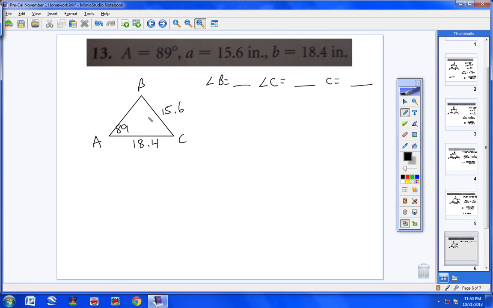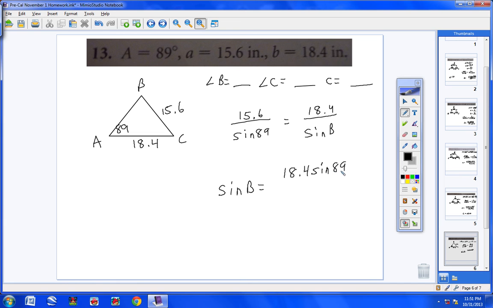Now we start with a pair that I know, so 15.6 over the sine of 89 degrees equals, well, I know the length of side B is 18.4, so that would go over the sine of B. Now if we cross multiplied and then divided, we would be left with the sine of B equals 18.4 sine of 89 all over 15.6.